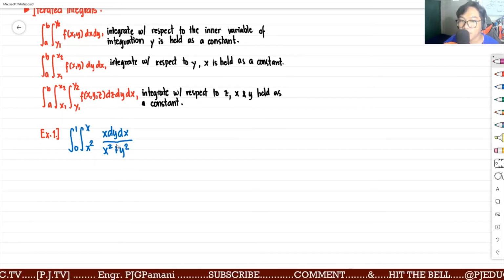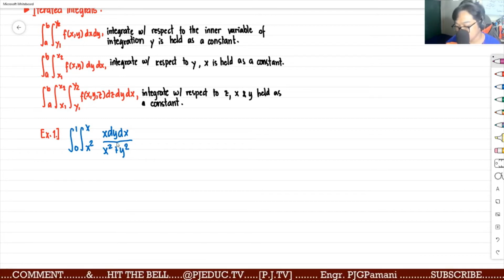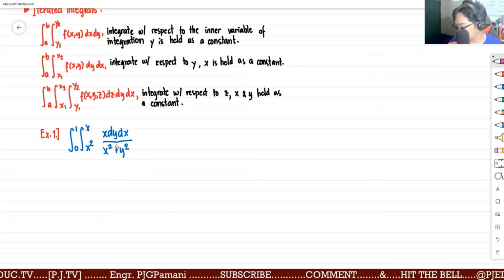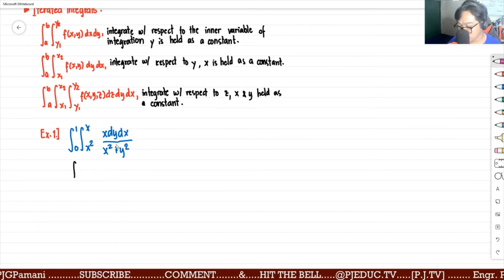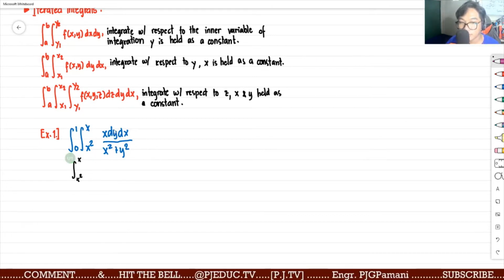Remember, kung ano yung differential variable na nauna, other than that, will be considered as constant. Okay? Unahin muna natin the integral of x squared with respect to x. So remember, dy yung nauna.